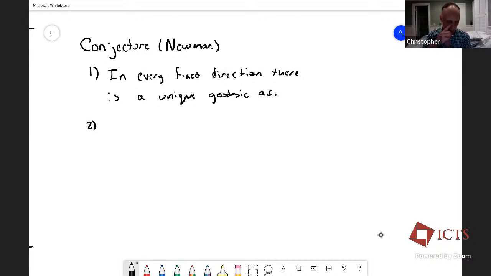And if this is true, then in random directions, there exist two geodesics.